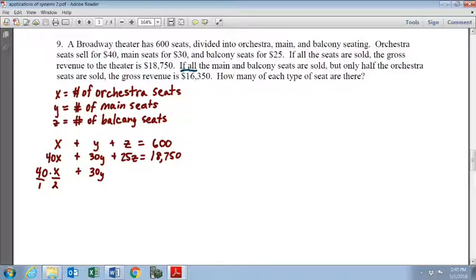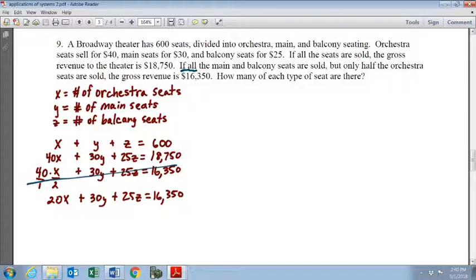And I'll put that in the next line. Everything else stays unchanged, except the total is going to be $16,350. So let's rewrite this as 20X plus 30Y plus 25Z equals $16,350. We'll cross that off. This is our third equation.